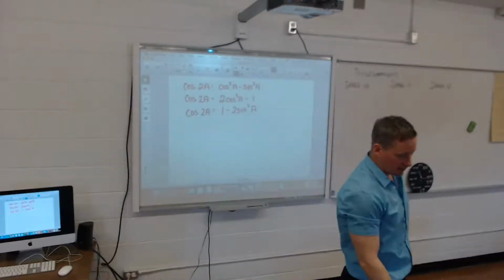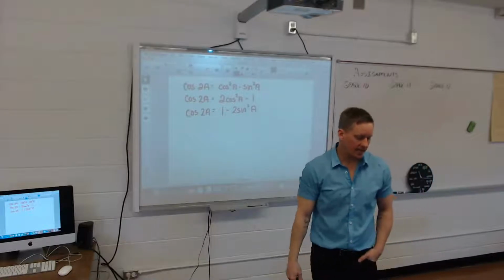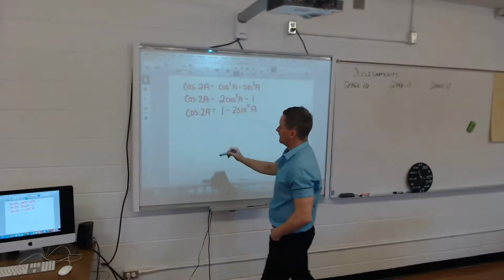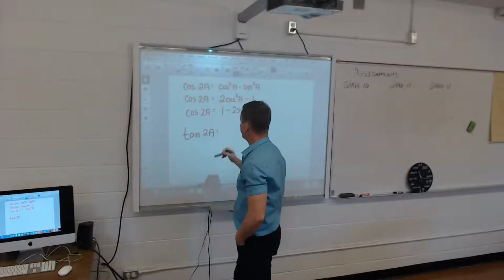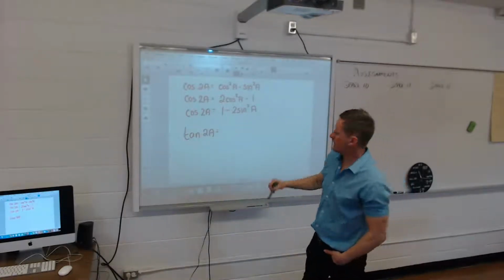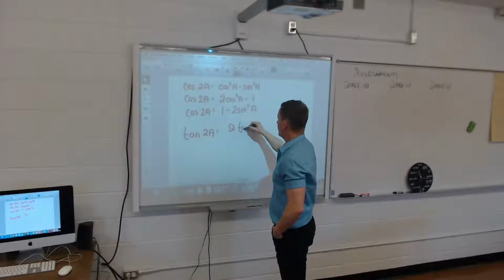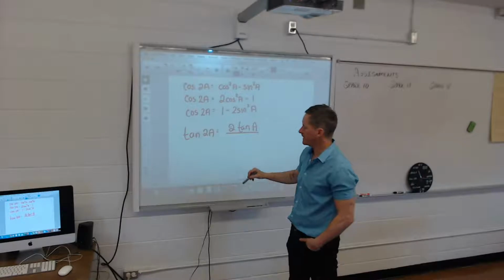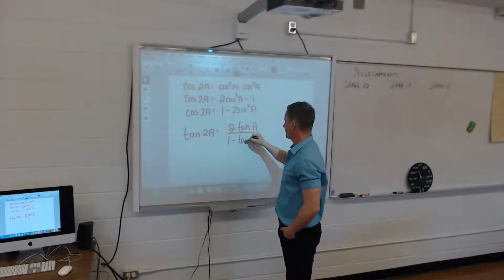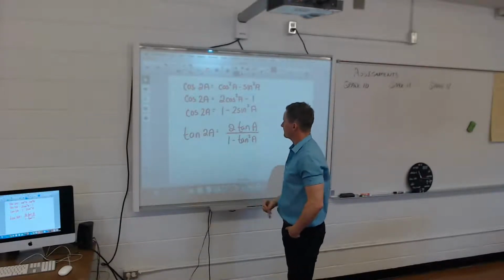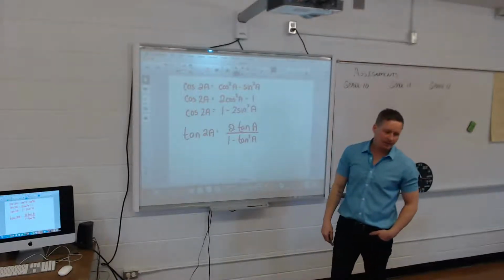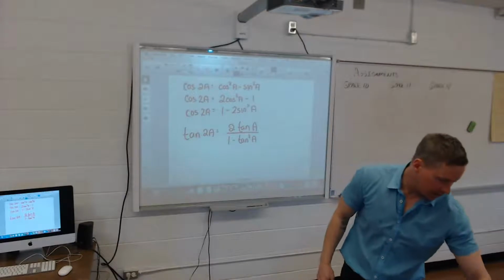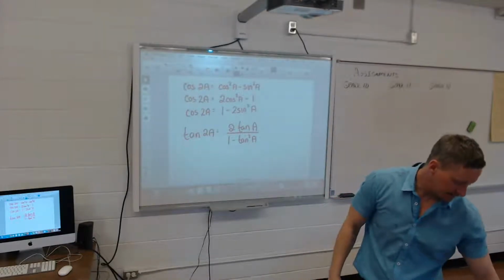Okay, those are the 3 double angle identities for cos, and then there's 1 for tan. The 1 for tan is 2 tan A over 1 minus tan squared A. Okay, so those are the last of the identities that I needed to show you that we haven't got into yet.